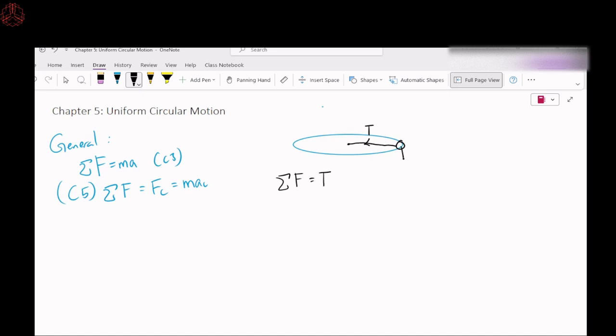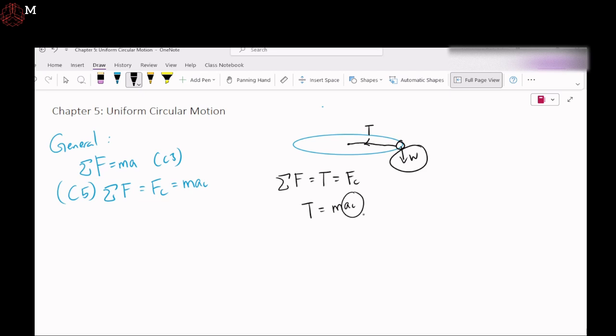One might argue you have weight as well, but weight is not pointing towards the middle. You are only asking for the forces pointing towards the middle. So the sum of forces is going to be FC, and FC equals MAC.